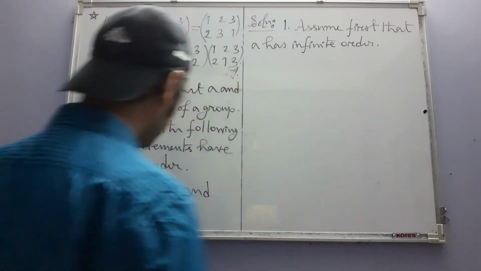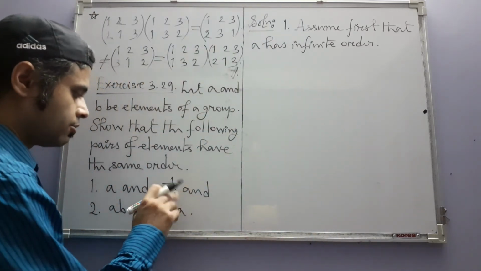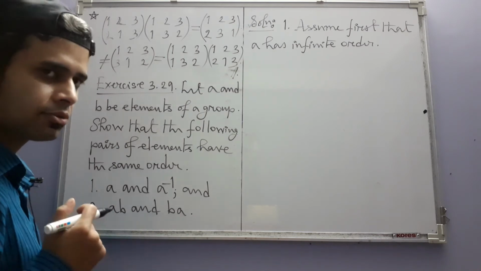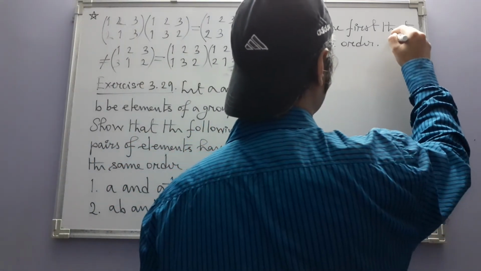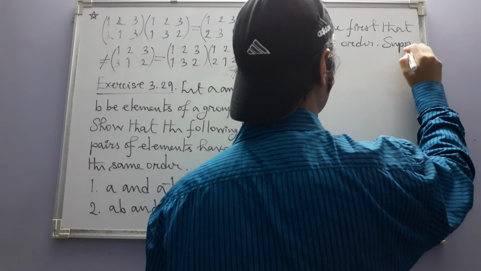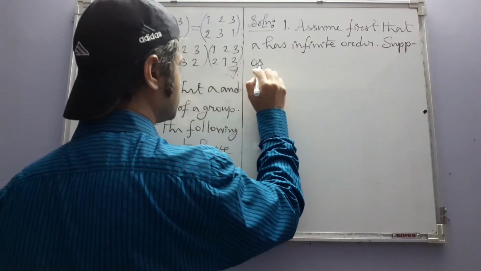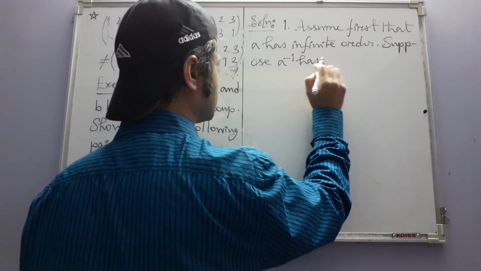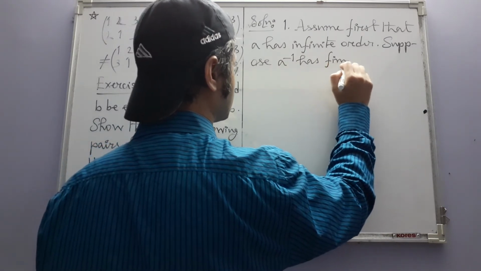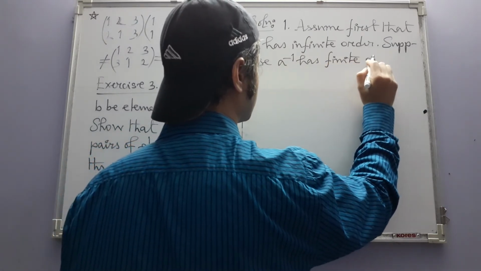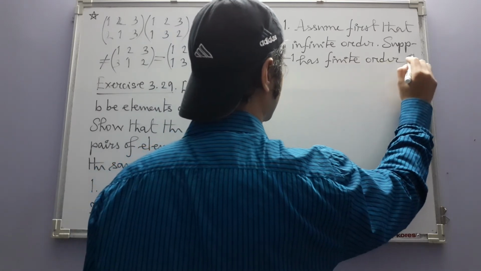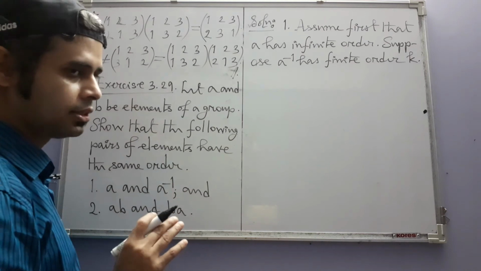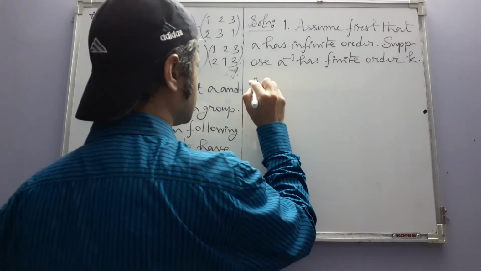Now we need to prove first that A inverse also has infinite order. To the contrary, suppose that it has finite order. Suppose A inverse has finite order k. That means k is some positive integer which is the order of A inverse.